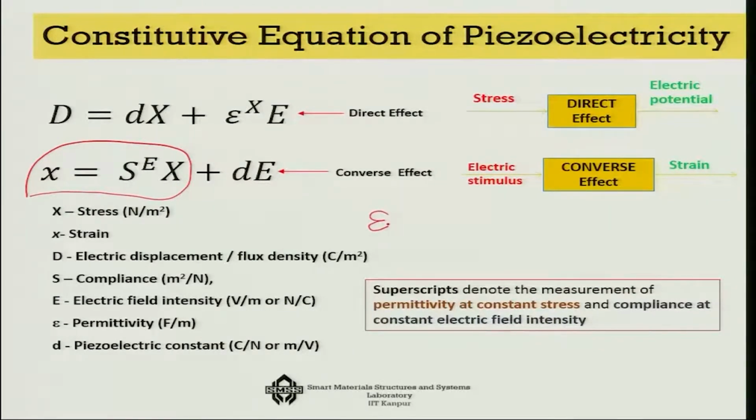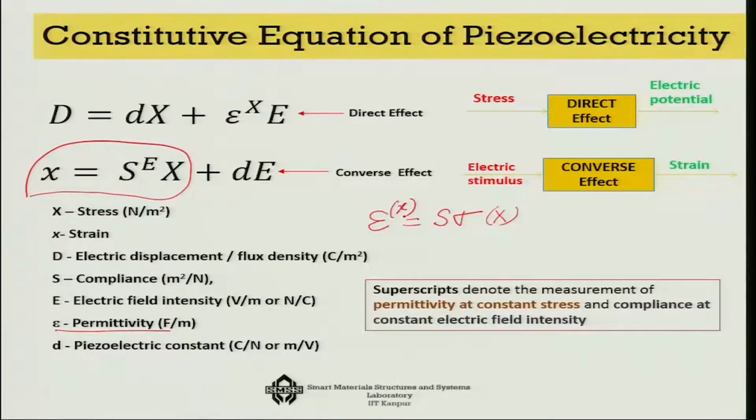In this case it is not. In this case epsilon is permittivity, but generally you say that epsilon equals S sigma. That means the sigma is the capital X and epsilon is the small x here. Capital X and small x are the stress and the strain in the material.